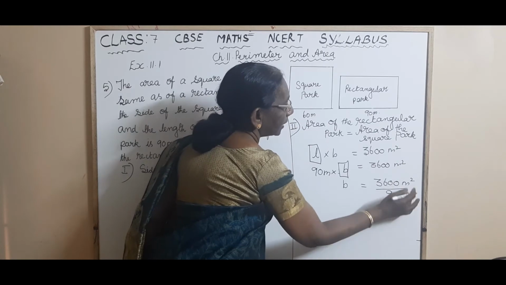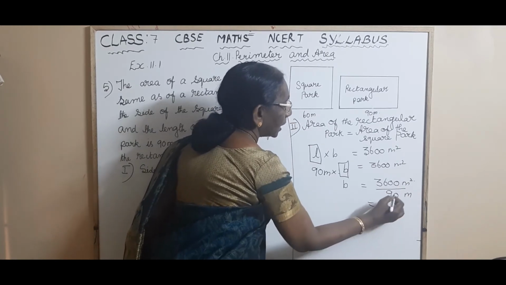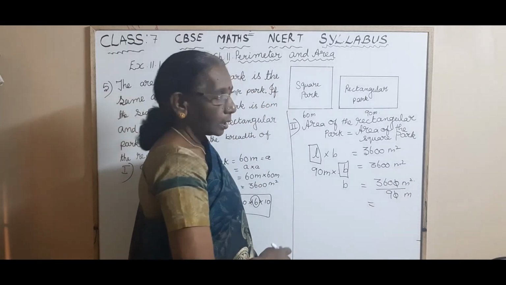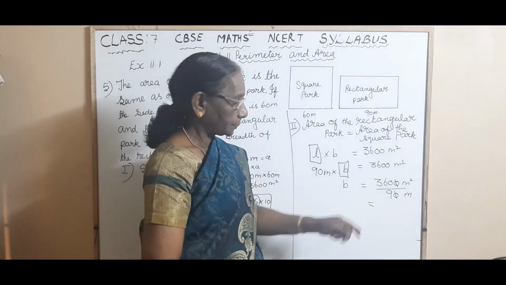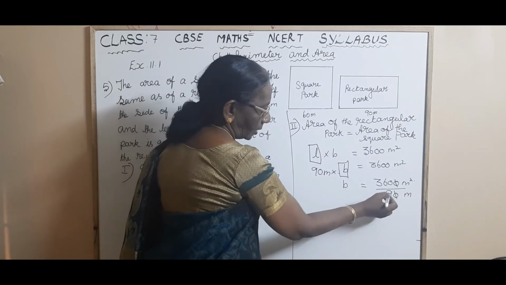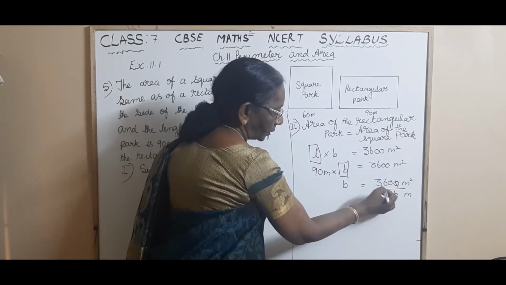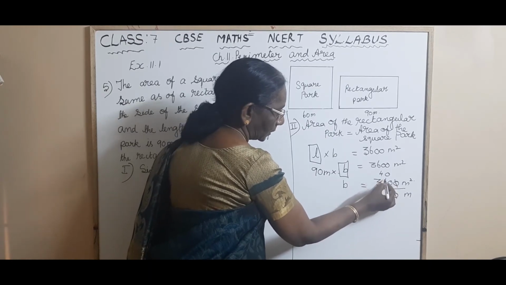Cancel this 0 and 0, that means you are dividing the numerator and the denominator by 10. So you have only 360. You can divide this 360 by 9. It goes in 36 4 times and 0.